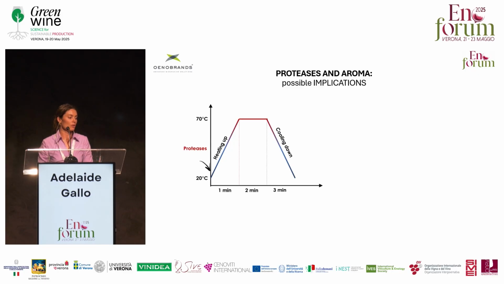As previously explained, the process entails that you add protease and you heat up to 70 degrees. This is what we did in our test. You keep the temperature for 1 minute, cool down rapidly, and then ferment. At the end of alcoholic fermentation, you have stable wines in terms of proteins. This process can be influenced by three things.